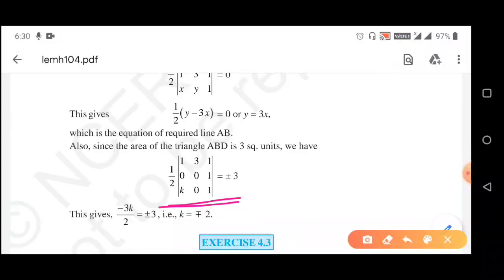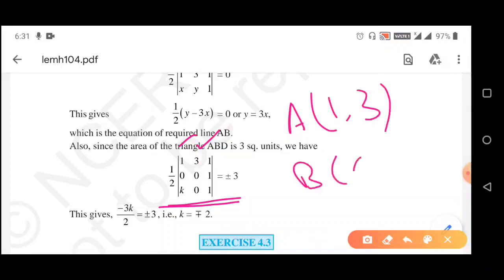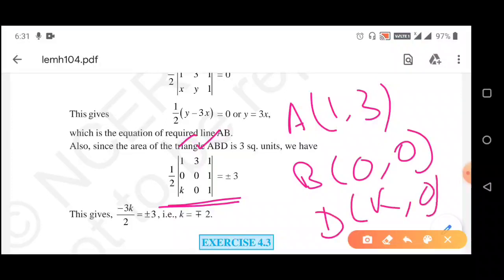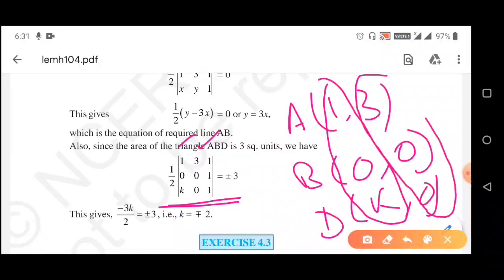In place of x1, x2, x3 they have written 1, 0, k. In place of y1, y2, y3 they have written 3, 0, 0. As our points are A is (1, 3), B is (0, 0) and D is (k, 0). So in place of x1, x2, x3 they have written these points, and in place of y1, y2, y3 they have written these points, and column 3 will contain 1.